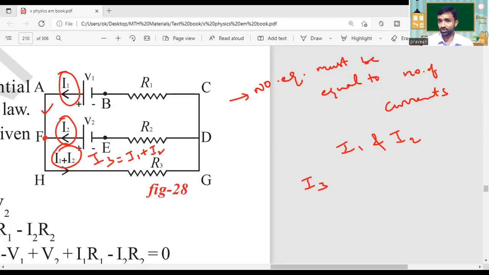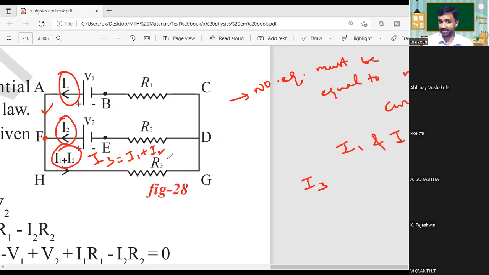Are you clear about this one? Using the junction law, in the branch HC the amount of current available is equal to the sum of the remaining two currents, because they are joining together at the junction. The sum of the currents reaching, I1 and I2, equals the sum of the currents leaving.